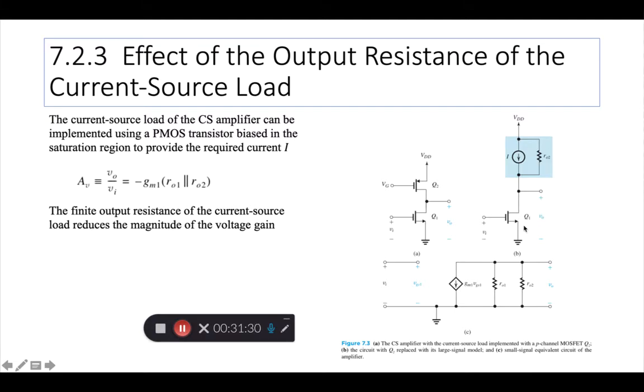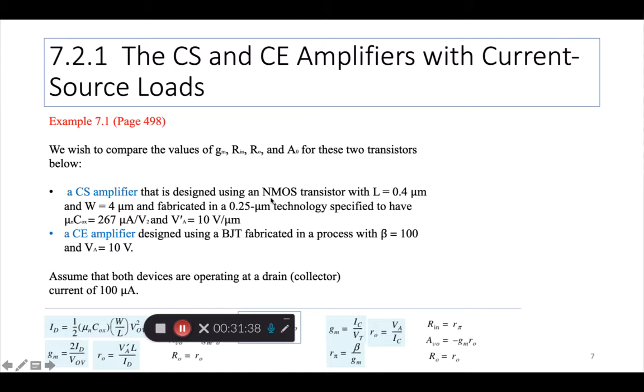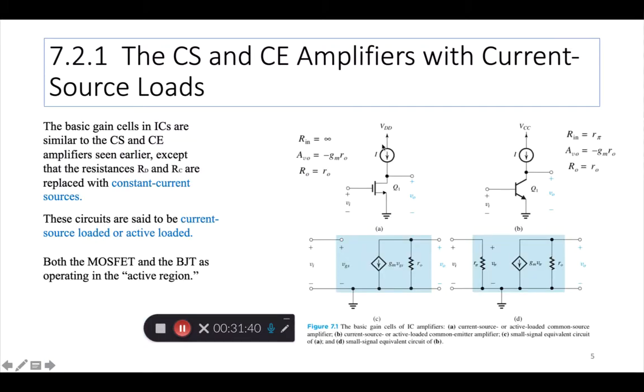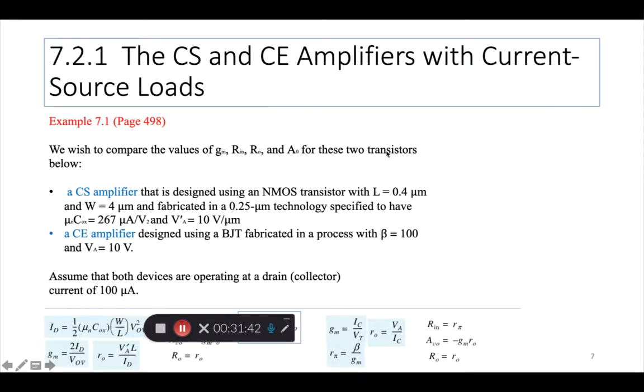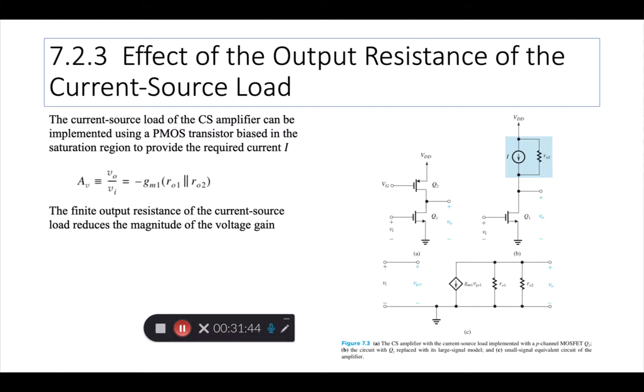RO1 is for this transistor, and here what you see is the current source that we stuck right here, which, like I just said, is another transistor. But in this case, it's a PMOS transistor.